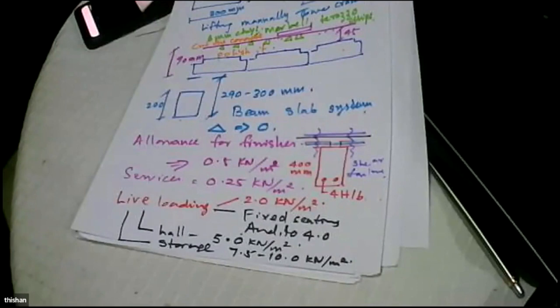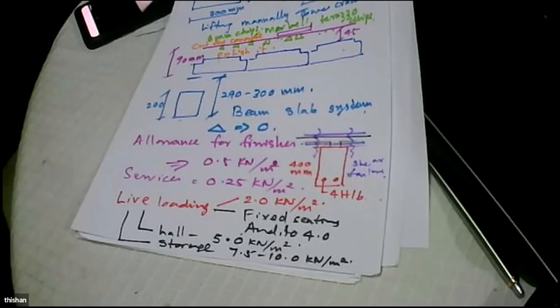How to check it is available as an example in Reinforced Concrete Design to Eurocodes by Mosley and Bungey. Have a look at that particular example. Then you can see how the structural design can be performed.